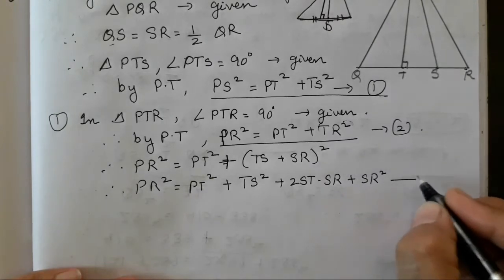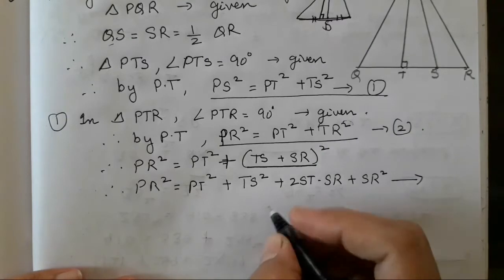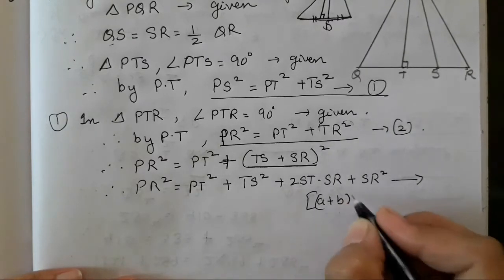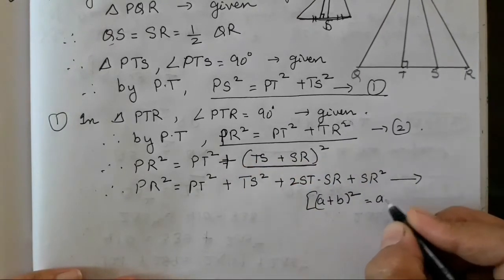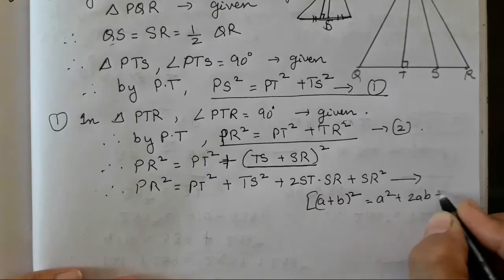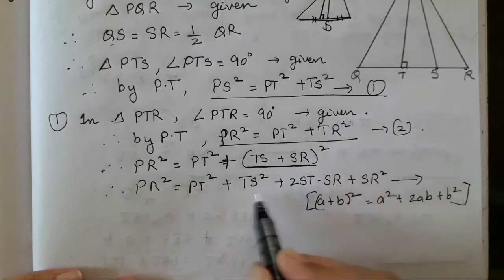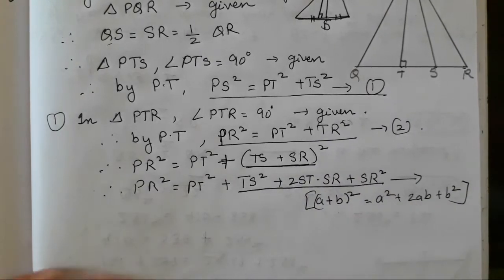Okay, now what have we used over here? We have used the formula. I will write the formula, that is (A plus B) whole square. This is your A, this is your B, which is going to give us A square plus 2AB plus B square. Isn't it? So here we have used the formula (A plus B) square. Got it?